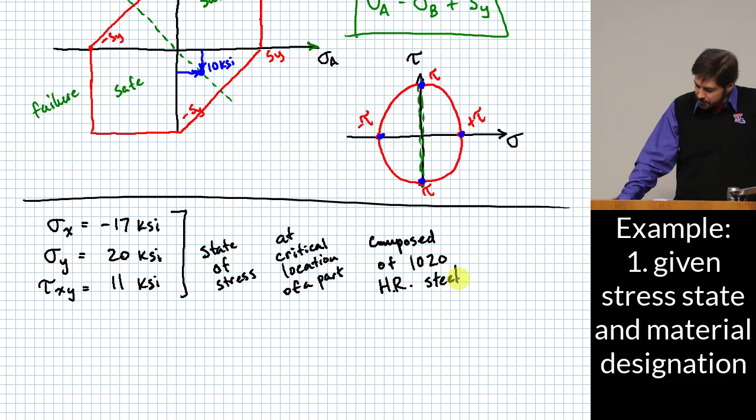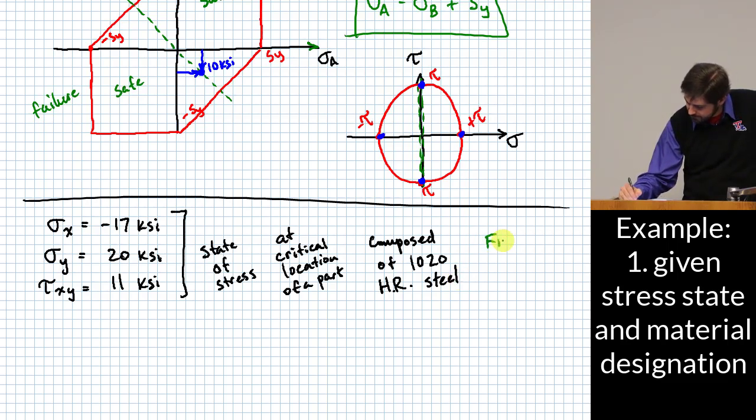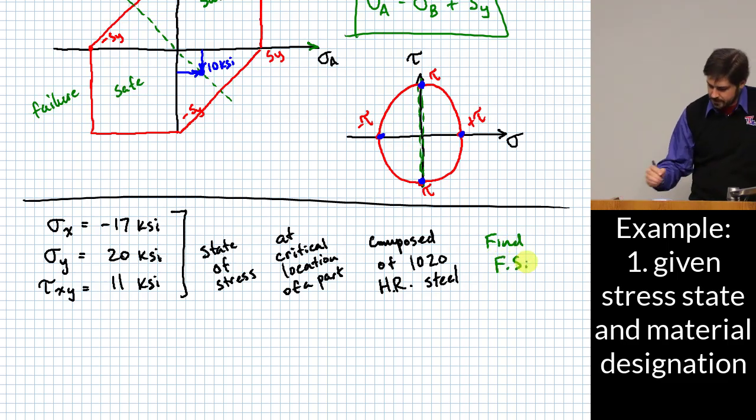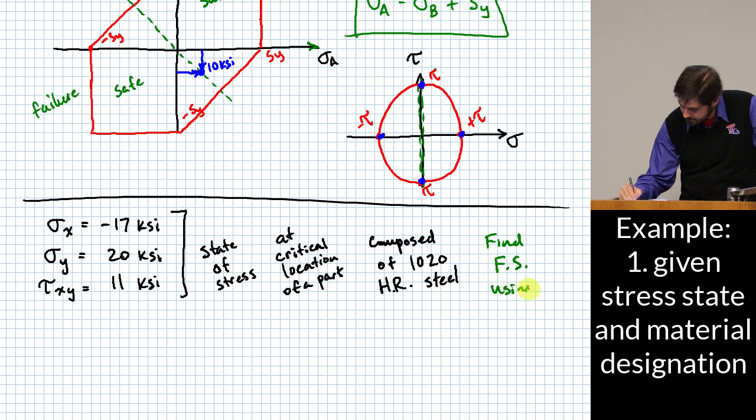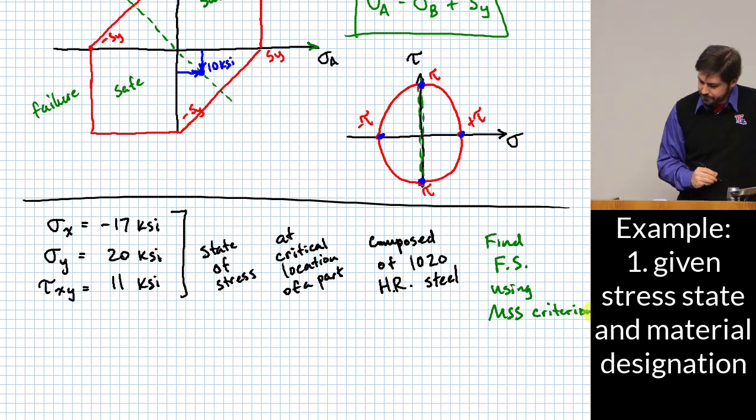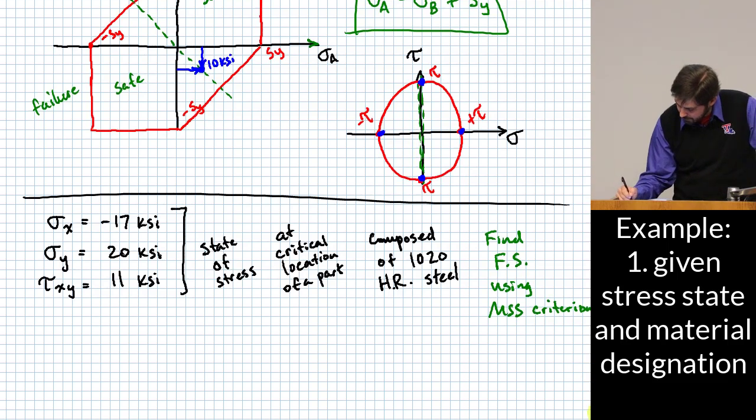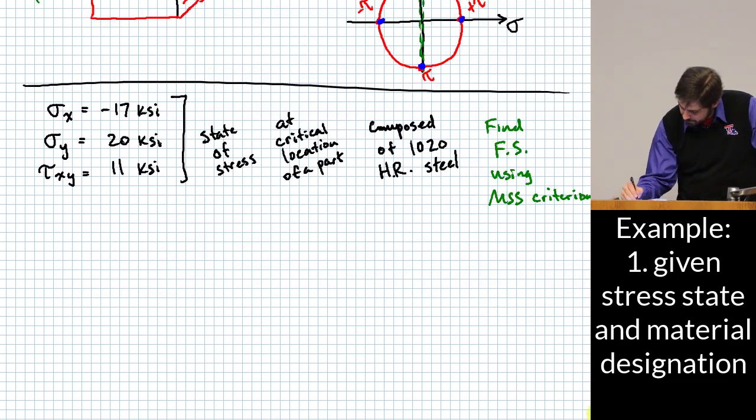What we want to do is find our factor of safety using the MSS criteria. And furthermore, next I want to plot a load line, and I'll show you what that means in this context.